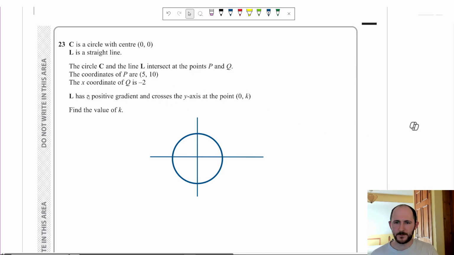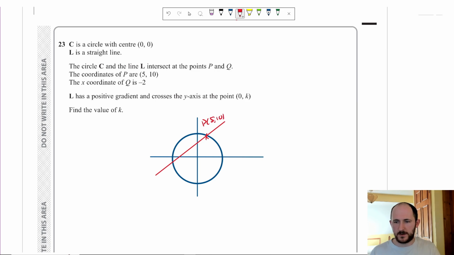Give me a break. Then, the line intersects at points P and Q. The important thing here is it's not a tangent because it crosses at two different points. So I'm going to draw the line going something like this. Okay? And we have points P and Q. P is 5, 10, so let's just say that's there.